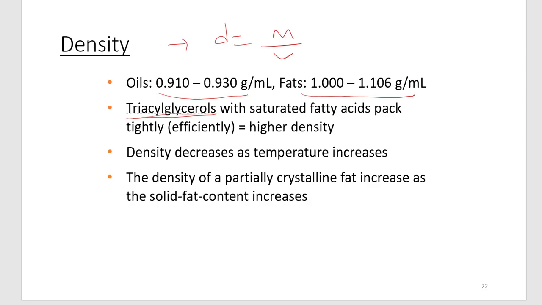The more efficient the packing, the higher the density. Triacylglycerols with saturated fatty acids pack tightly, therefore they have higher density. So we will learn about packing later in crystallinity section.